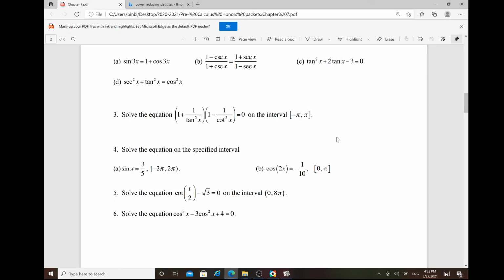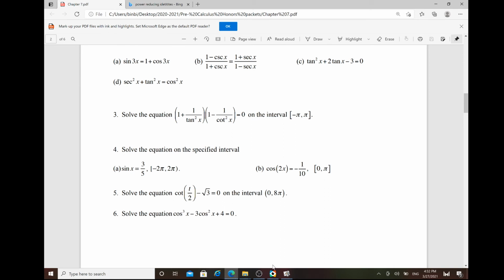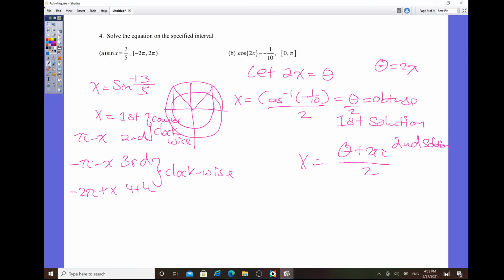Solve the equation 1 plus 1 over tangent square of x times 1 minus 1 over cotangent square of x equals 0, on the interval from negative pi to pi.